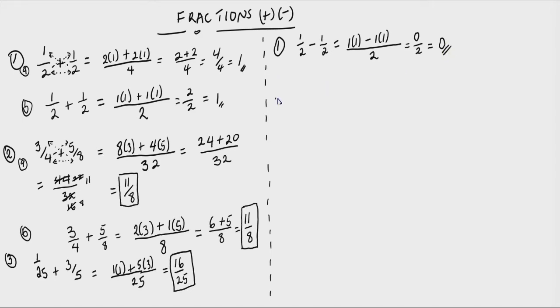And then, second example, 3 over 4 minus 5 over 8.